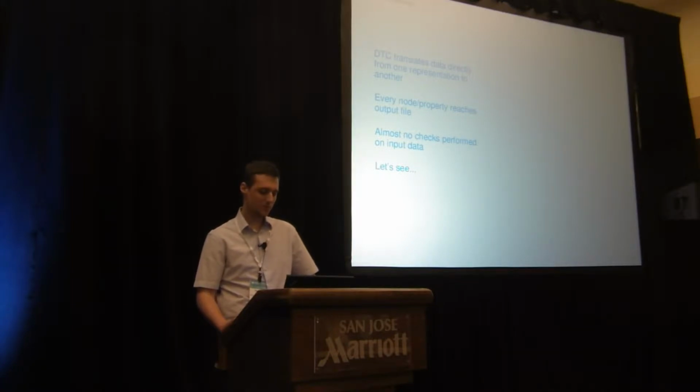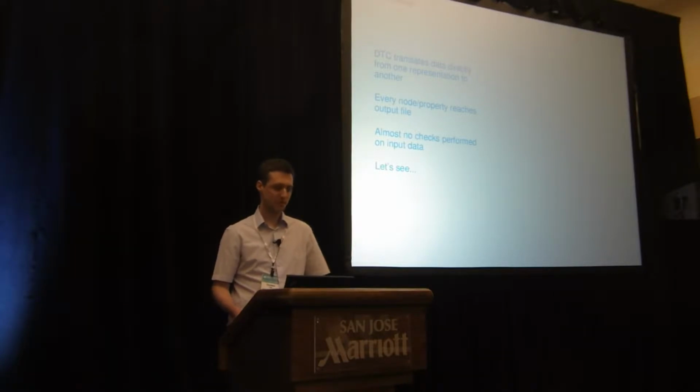There are some simple checks done on selected properties and nodes, but there is no complex validation mechanism that would verify if the device tree complies with defined bindings. So let's see an example that illustrates the problem.